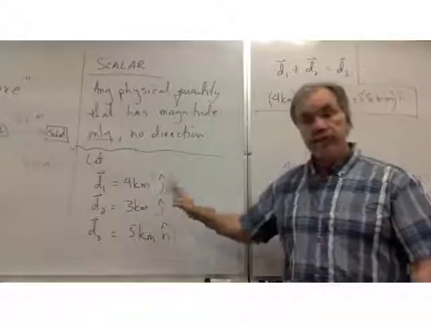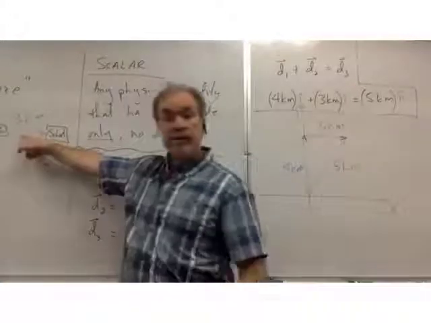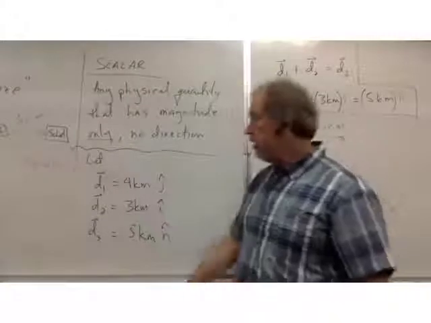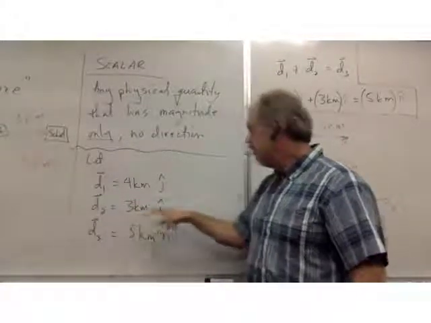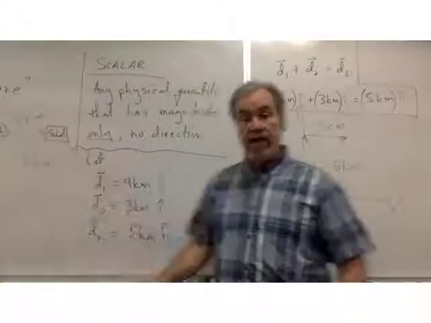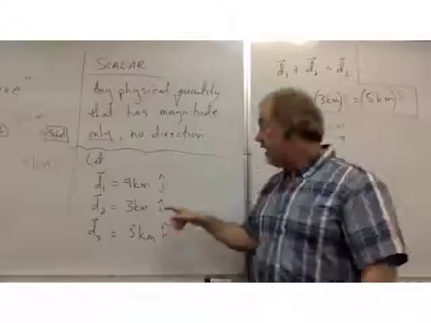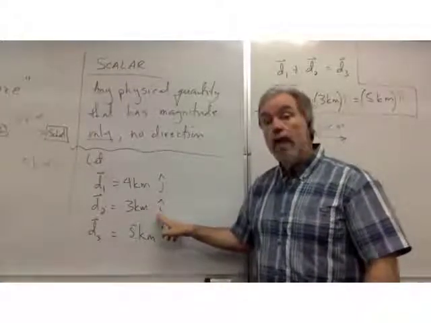What that means, though, and here comes the thing, we knew ahead of time that d2 is 3 kilometers in magnitude. So if I take 3 kilometers, multiply it by i hat, and I get a 3 kilometer vector back out again, well, that means that the magnitude of this vector has to be only 1.